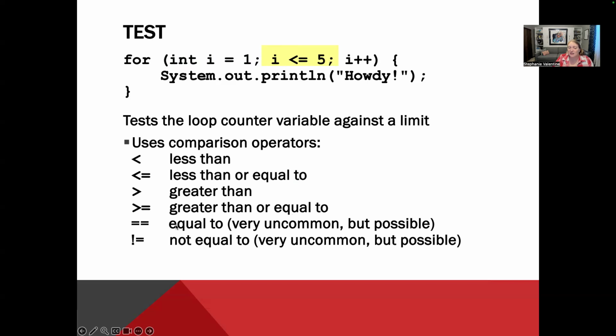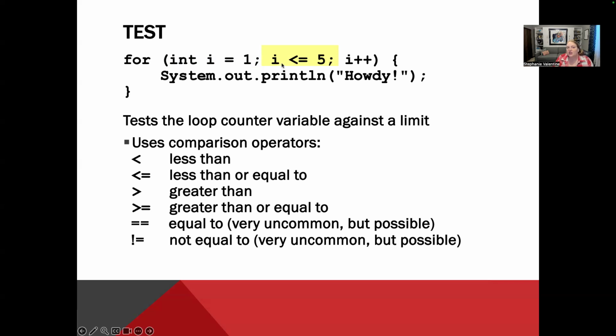You can use equal to. It's very uncommon in a for loop, as is not equal to. It is generally better to use one of these more flexible and definitive options, so less than or equal to, greater than or equal to. Generally, if you have a bug, this is called an off by 1 error.